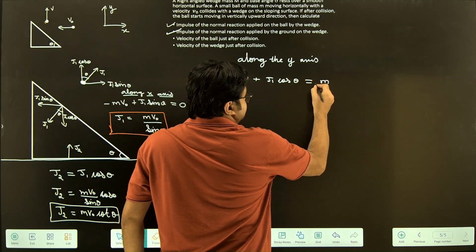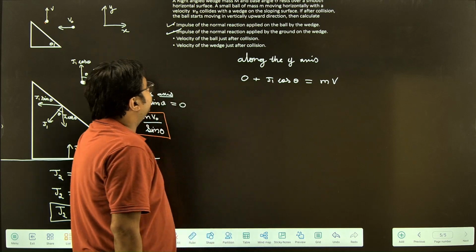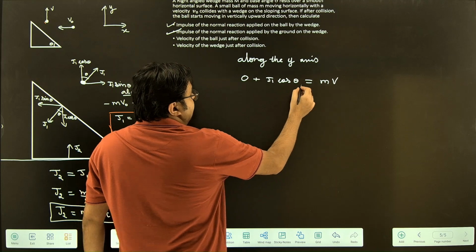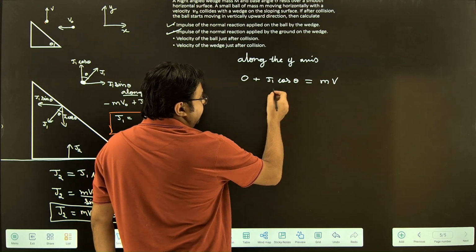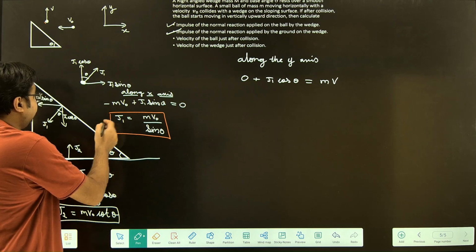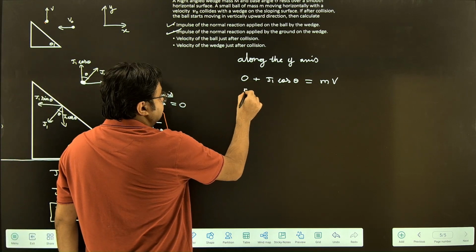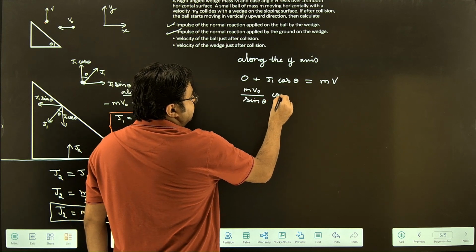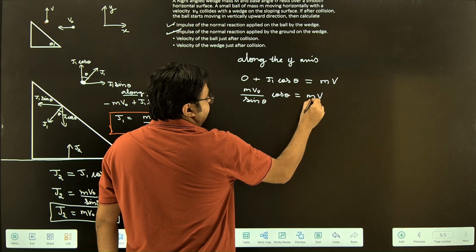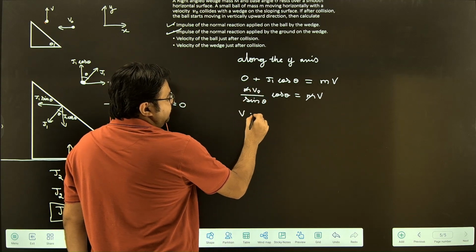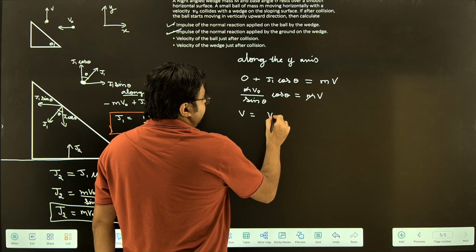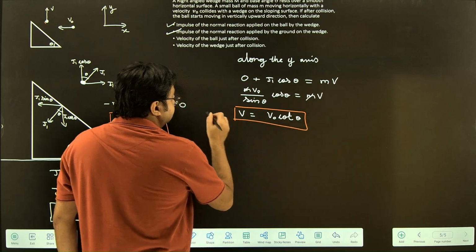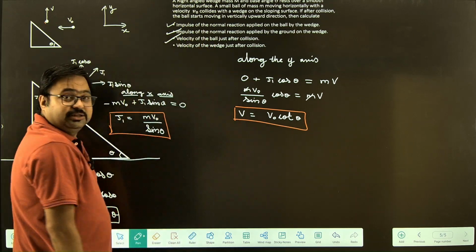The mass is m. Substituting J1, which is mv naught divided by sine theta, and there is a cos theta here, it is equal to mv. M gets cancelled, so the velocity with which it would go up is equal to v naught cot theta. That's the answer to the third question.